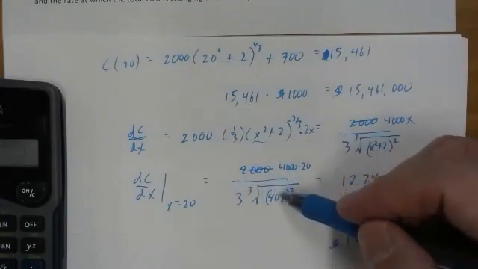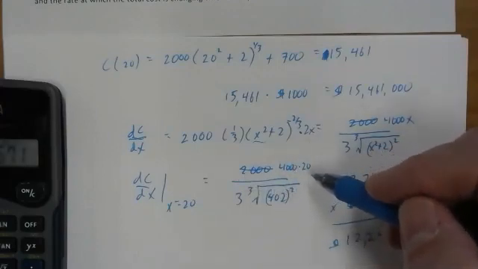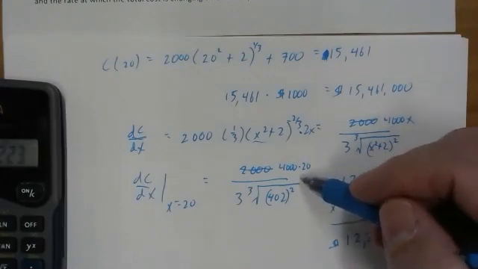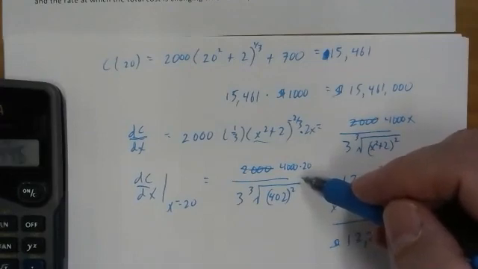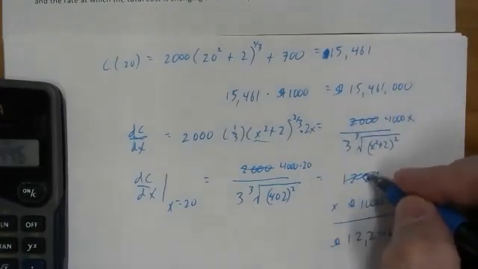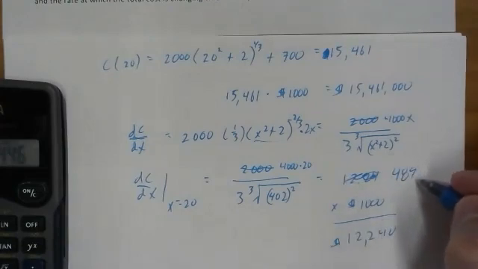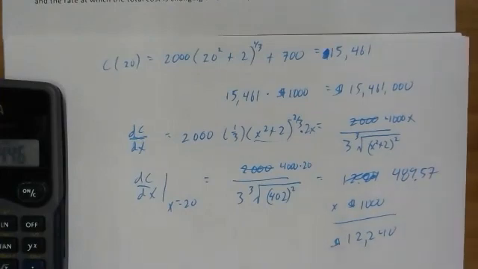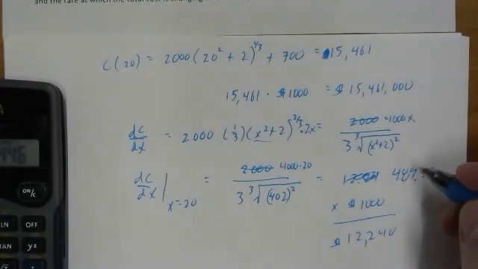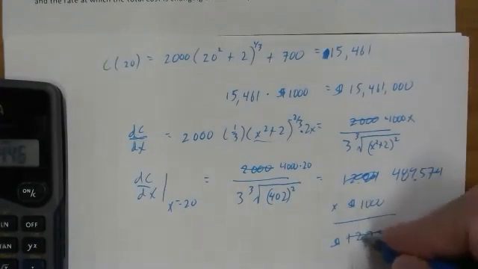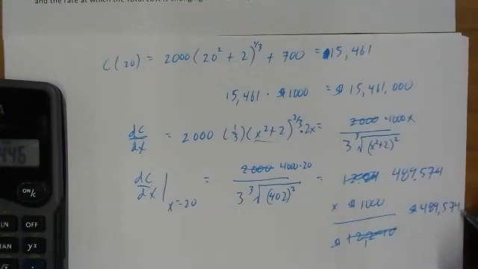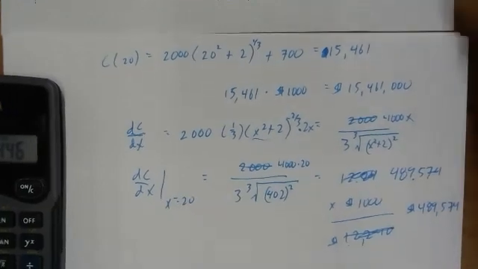It's going to go in the denominator times 4,000 times 20. 489.57. All right. Actually, 574 multiplied by 1,000, and you get 489,574.